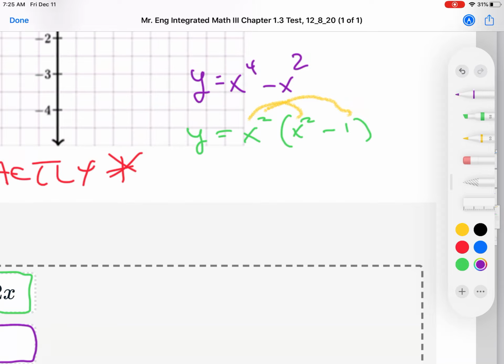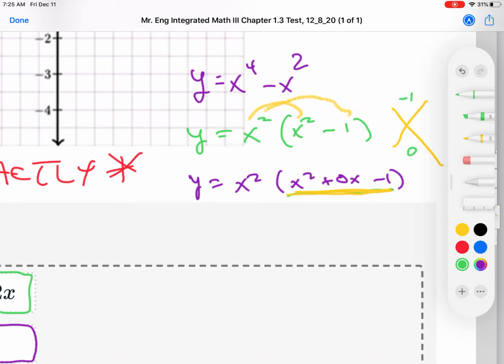Okay, so same thing. You can add a 0x in there. And then factor a times c inside the parentheses would give us a -1. B value is 0, so that's +1, -1.